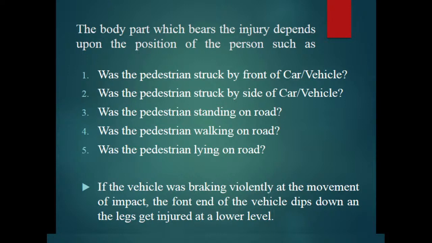If the vehicle was braking violently at the moment of impact, the front end of the vehicle dips down and the leg gets injured at a lower level. It also depends on the leading wheels of the vehicle. Are these the front ones or the rear ones?